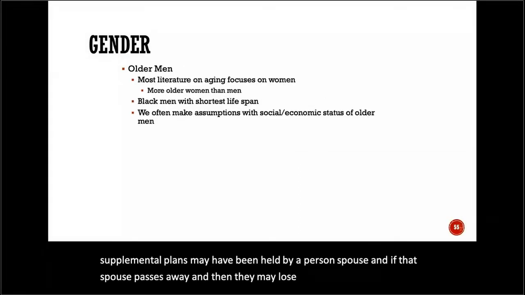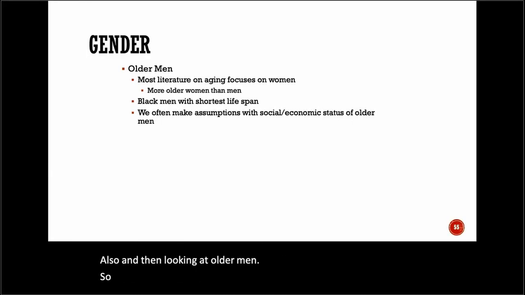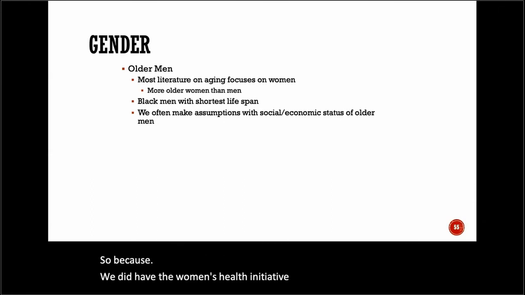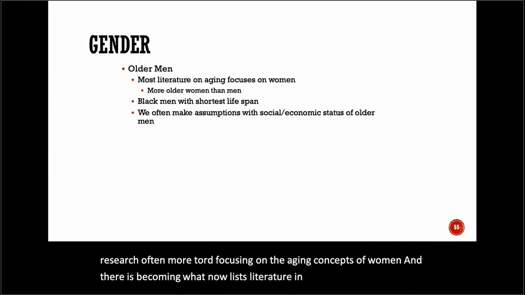And then looking at older men. Because we did have the Women's Health Initiative, it actually has turned research often more toward focusing on the aging concepts of women, and there is now becoming less literature and research done on older women than older men.